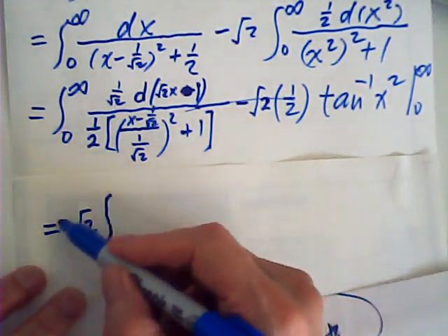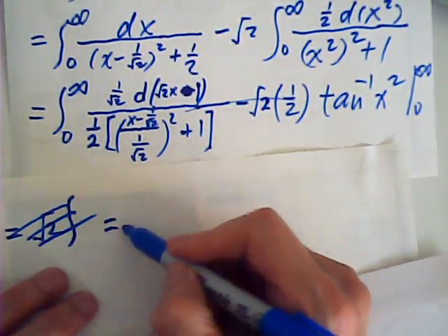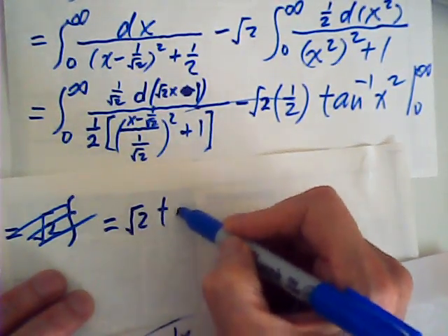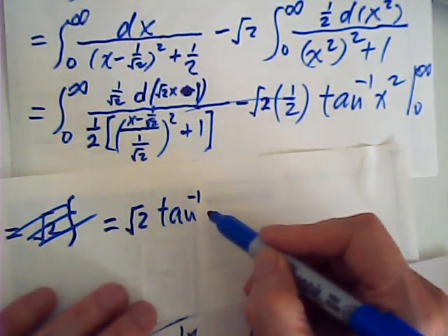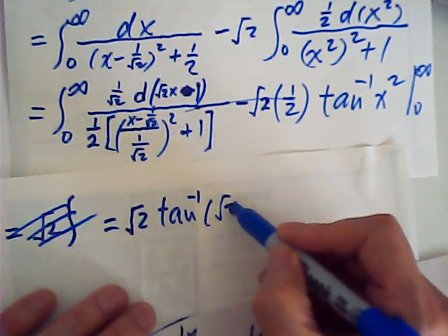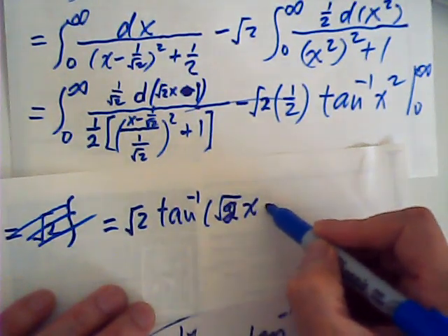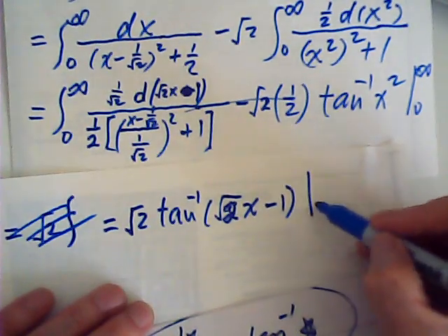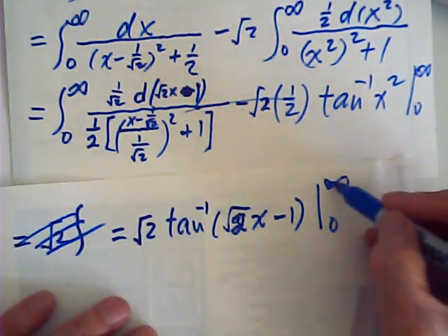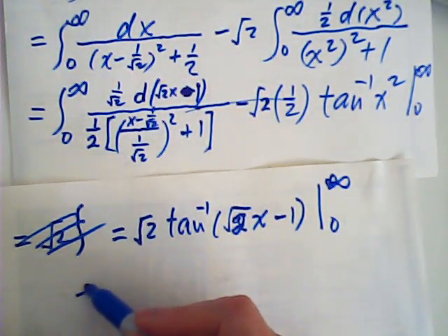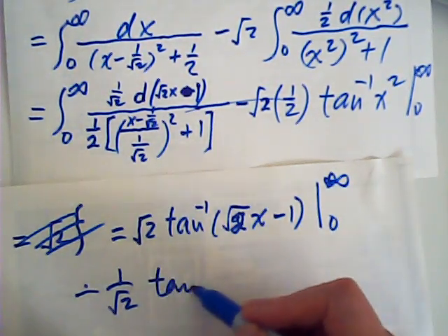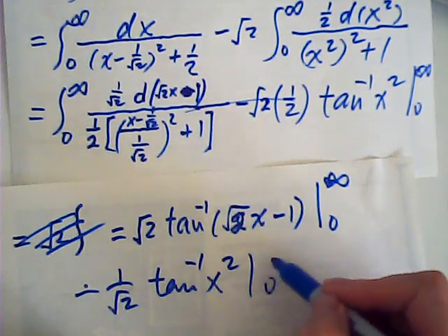Let me write this way, it is equal to root 2 arctangent of root 2 x minus 1. Yeah, 0 to infinity. Okay. Plus this one, right? This one is 1 over root 2 arctangent of x squared, 0 to infinity.